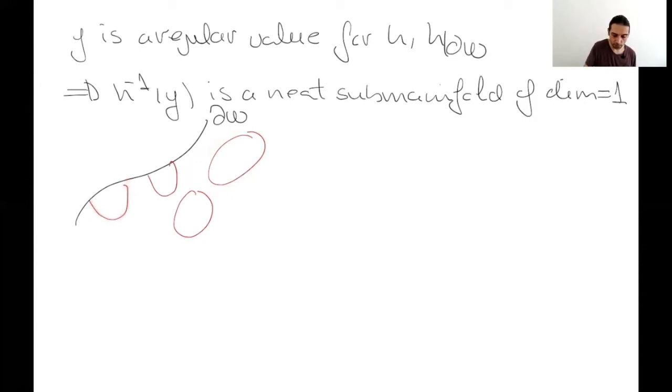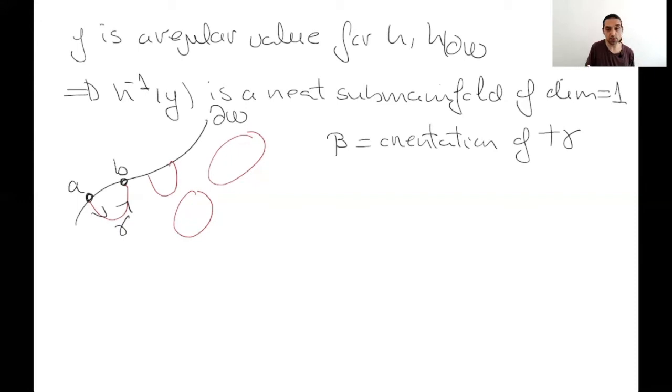We're going to consider one of the components, gamma, that intersects the boundary of W. And now we consider beta, an orientation of the tangent space of gamma. For instance, it could be this orientation. In this way, we are going to consider here the initial point A and the final point B.